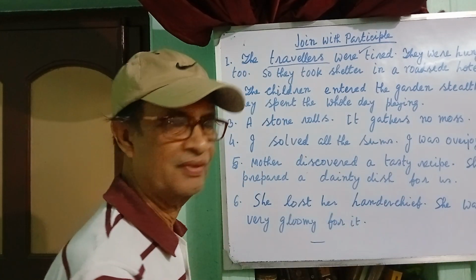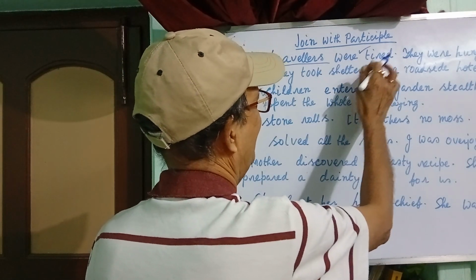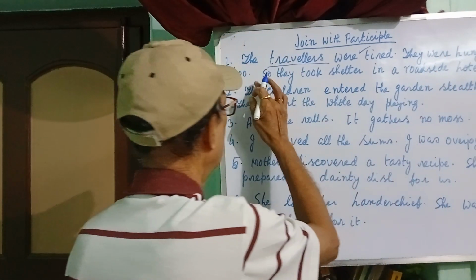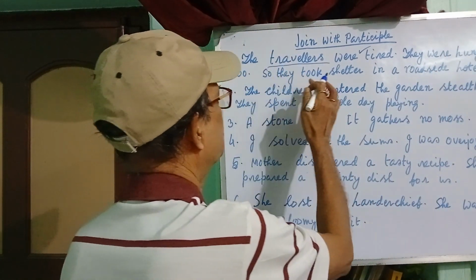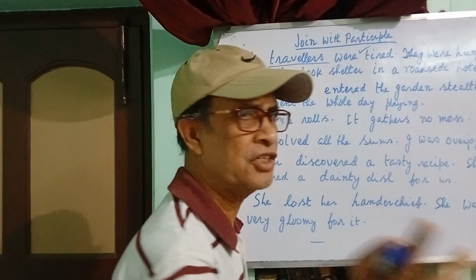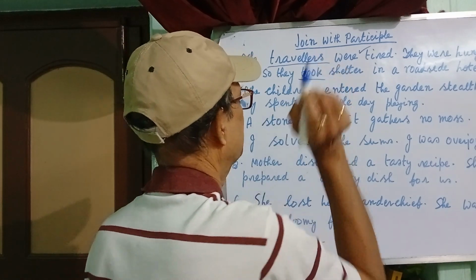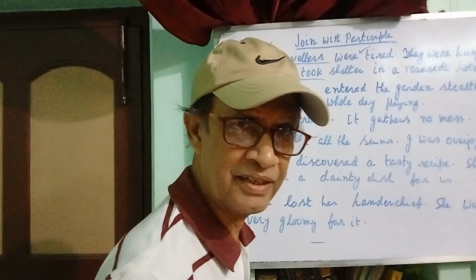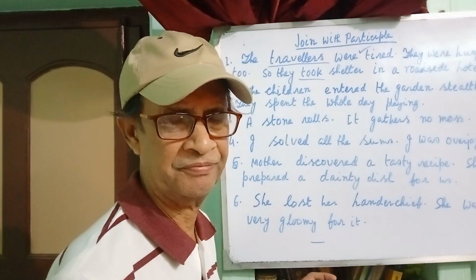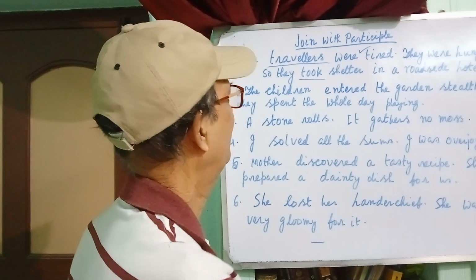Or, having been tired and being hungry, comma, the travelers took shelter in a roadside hotel. There is only one finite verb, that is took shelter. Clear? Or you may omit both the verbs before participle.